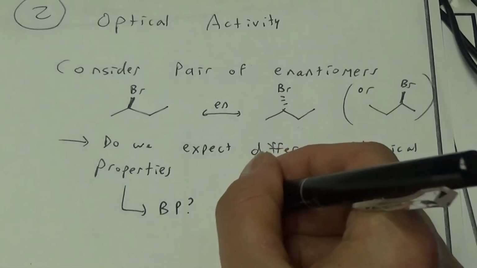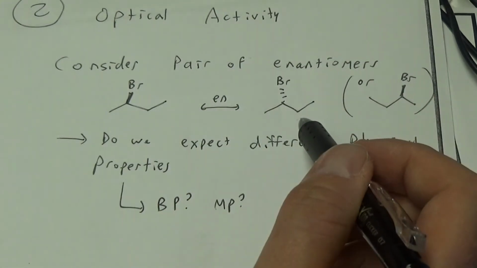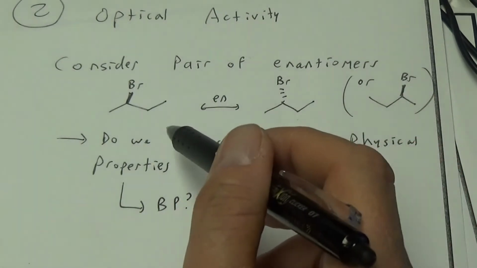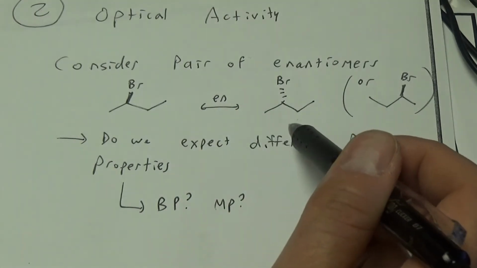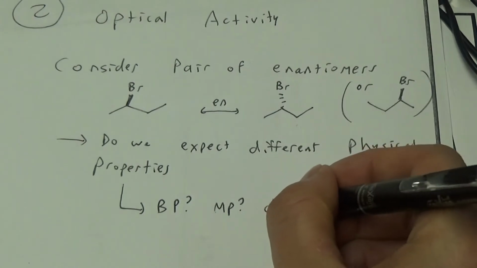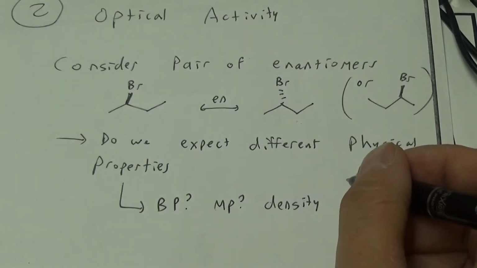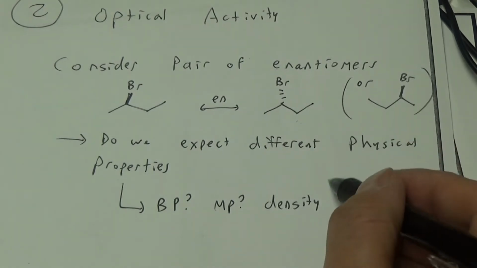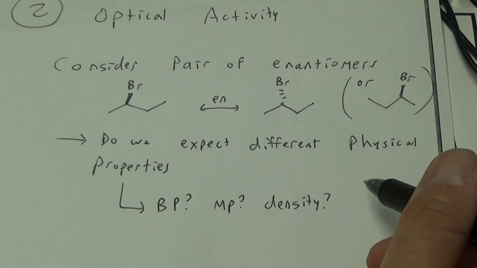What about melting point? If I freeze them, is the configuration around bromine going to affect the melting point? The answer is no. What about density, the grams per milliliter or grams per liter?